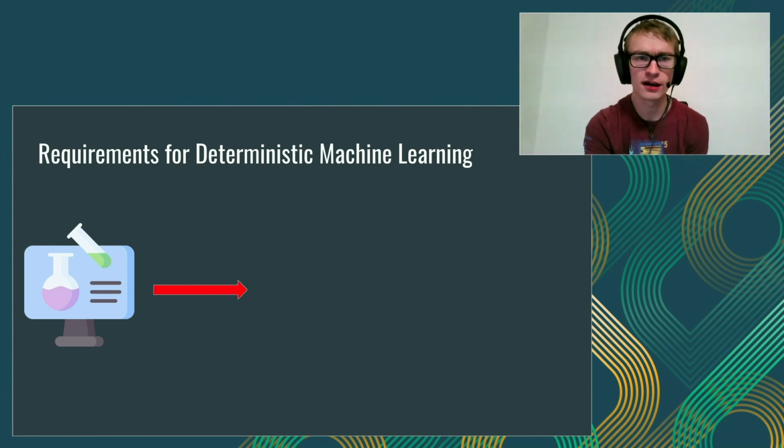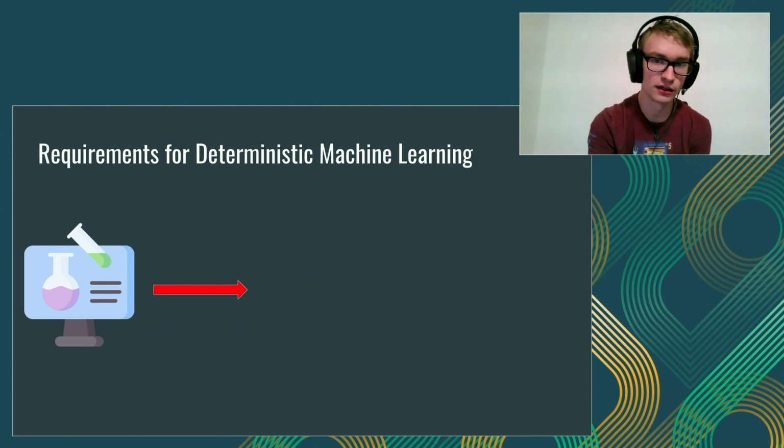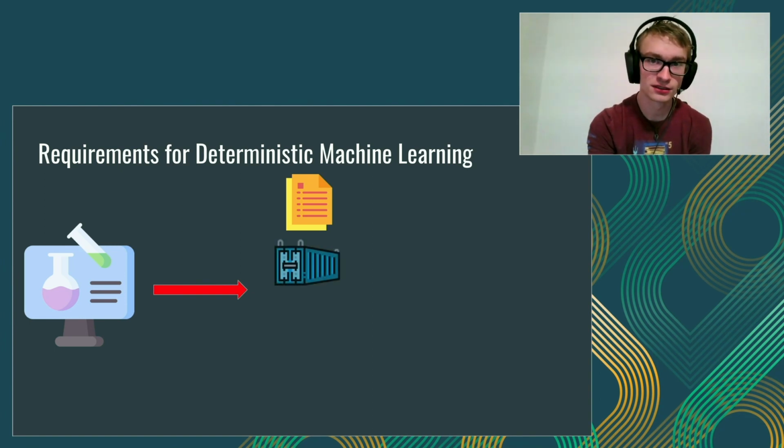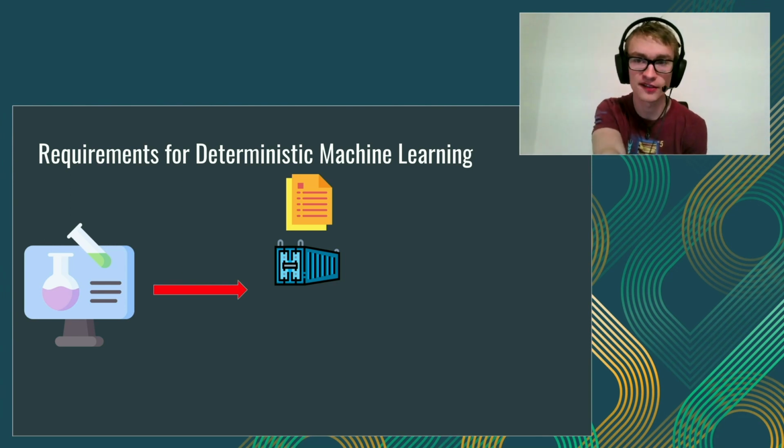In summary, what are the requirements for deterministic machine learning? Based on the experiments that I've conducted, we should keep track of all of the hyperparameters and the metrics that we obtain, and document our model in depth. Furthermore, we should run our model in a reproducible container so that we always use the absolute same runtime library versions.